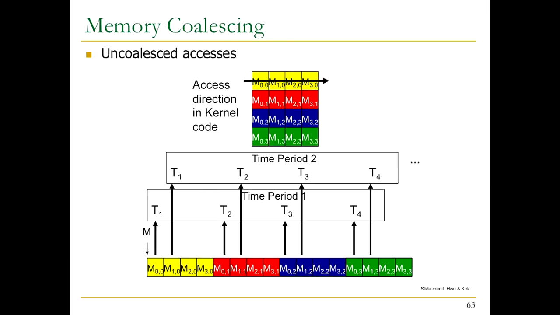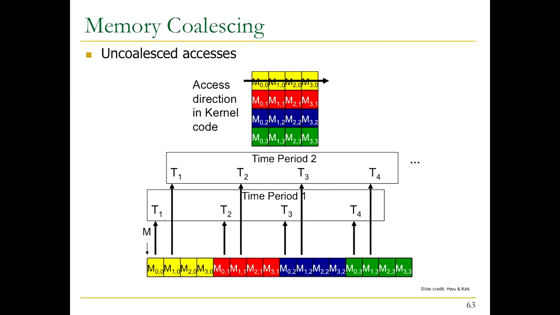However, if we want to access the threads by row, we want thread 1 to access the yellow row, thread 2 to access the red row, and so on. We have thread 1 accessing the first element in the yellow row, while thread 2 is accessing the first element in the red row.